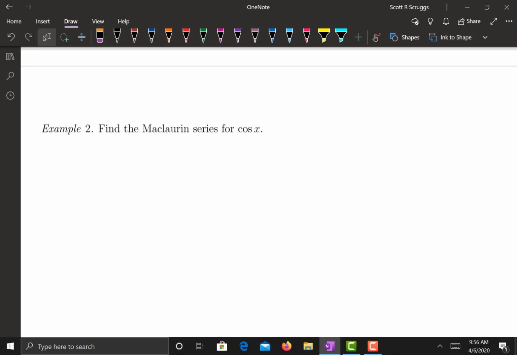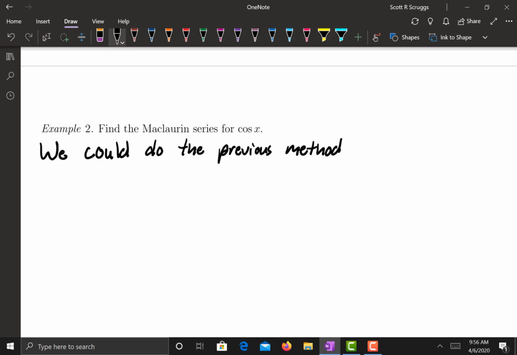So to find the Maclaurin series, we could do the previous method that we've done before. But here's going to be my observation.